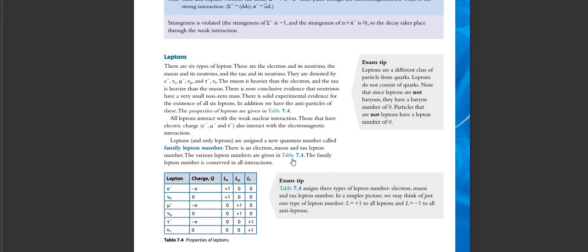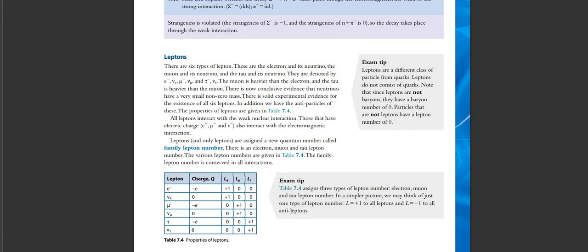And just like quarks have the baryon number, leptons have something called the family lepton number, which is given by L and the subscript of whatever family it belongs to, whether it's the electron, muon, or tau. So each lepton and its neutrino has a +1 for its family and 0 for the other ones.